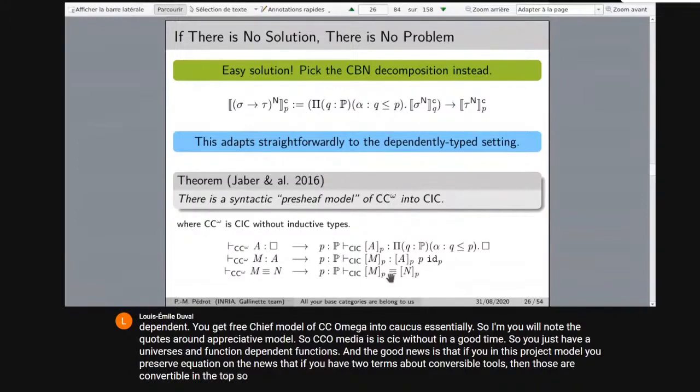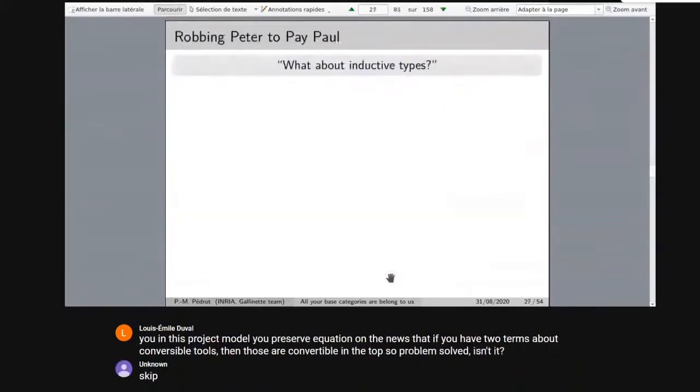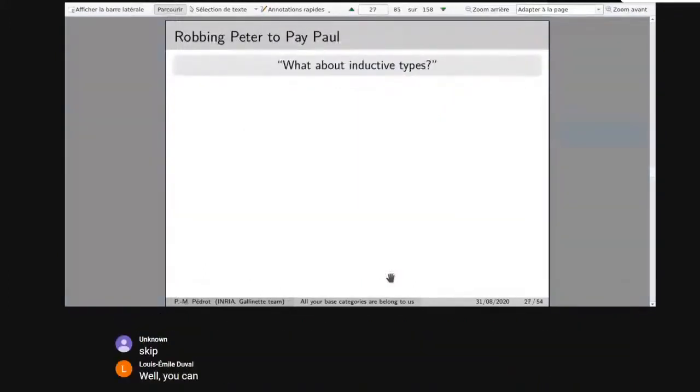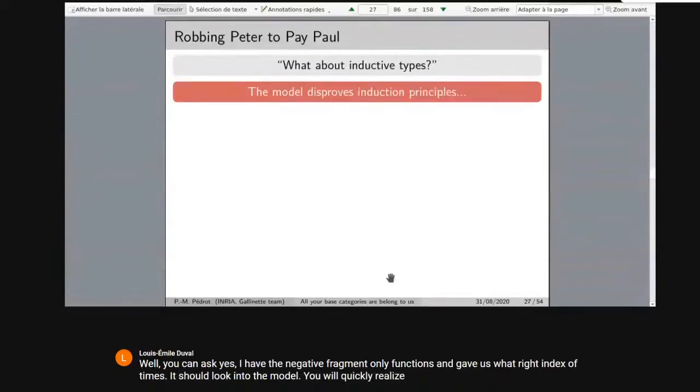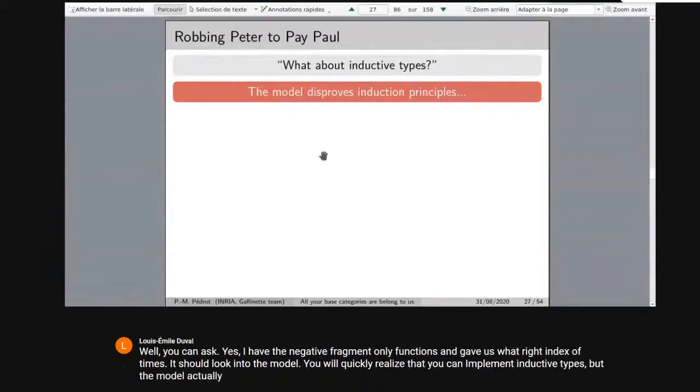So problem solved, isn't it? Well, you can ask, yes, I have the negative fragment, only functions and universes. What about inductive types? If you look into the model, you will quickly realize that you can implement inductive types, but the model actually disproves induction principles.